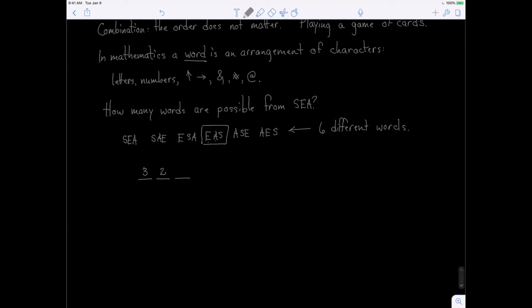But once I put an A down, there's only 1 letter available. That's the S. And the multiplication rule tells me to multiply the results. 3 times 2 times 1, well, that's 6. And so this works. This is if the letters are all different.